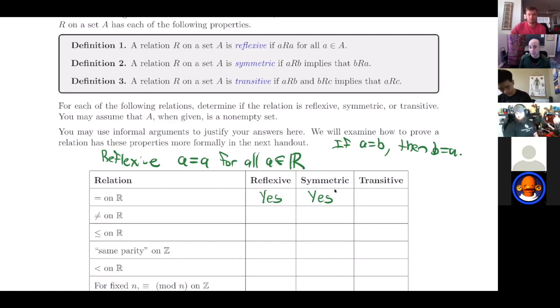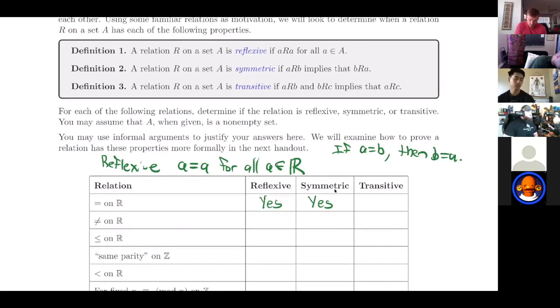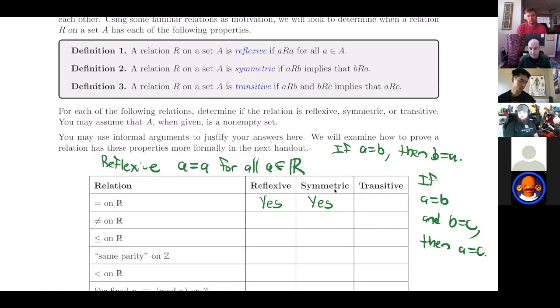We'll see that sometimes the ordering does matter when you think about some of the other relations further down. And for the transitive property for equality, we would want to check: if a is equal to b and b is equal to c, does it follow that a is equal to c? That would be true here. So the equality relation satisfies all three of these properties.